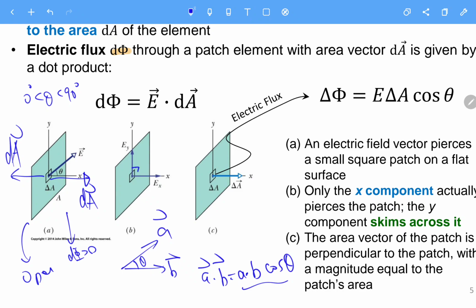And here, this theta equals 90 degrees. This d phi will be 0 because cosine of 90 degrees is 0.